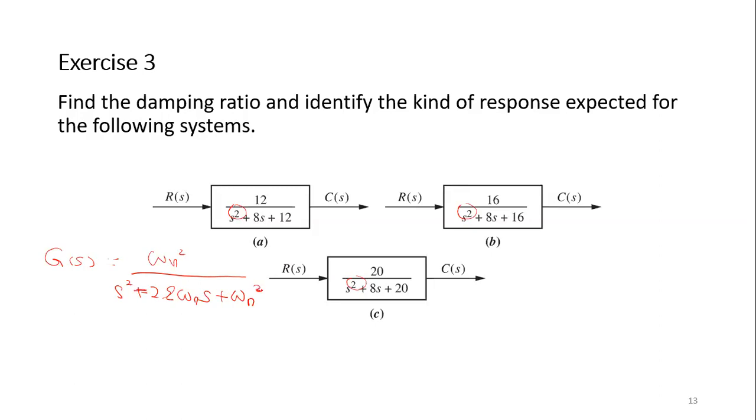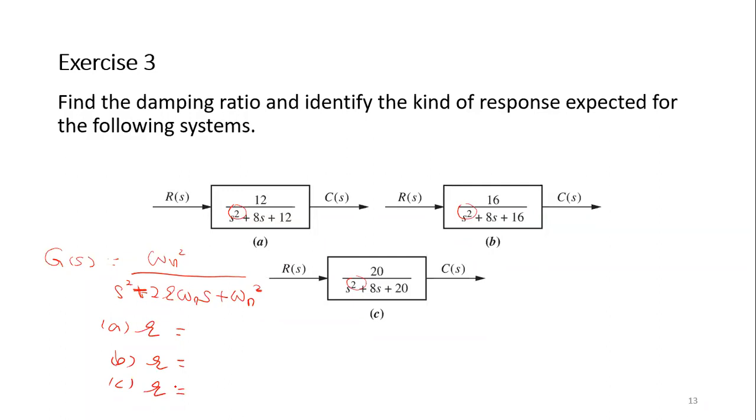Sorry about my handwriting. From here you can find the damping ratio for A, for B, and for C. You can try to calculate it and give me the answer for A, B, and C.